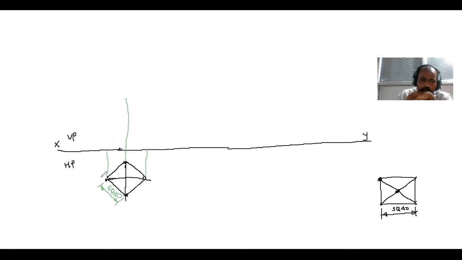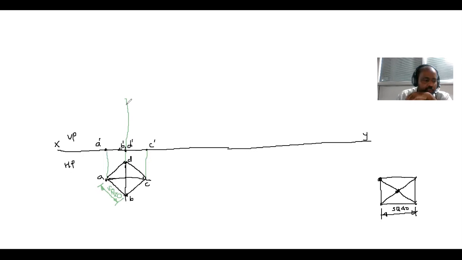This point is say A, this is B, this is C, and this point is D. Then I name these points A dash, B dash, D dash. You can see that the B and D projection will come here. So this point will be B dash, D dash. Then this point is C dash.